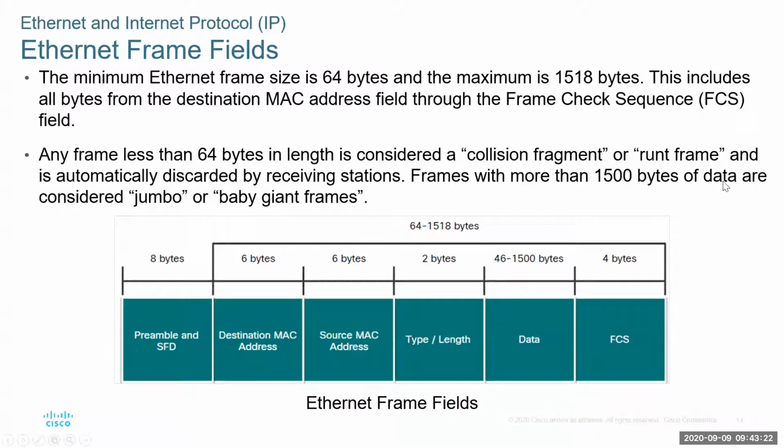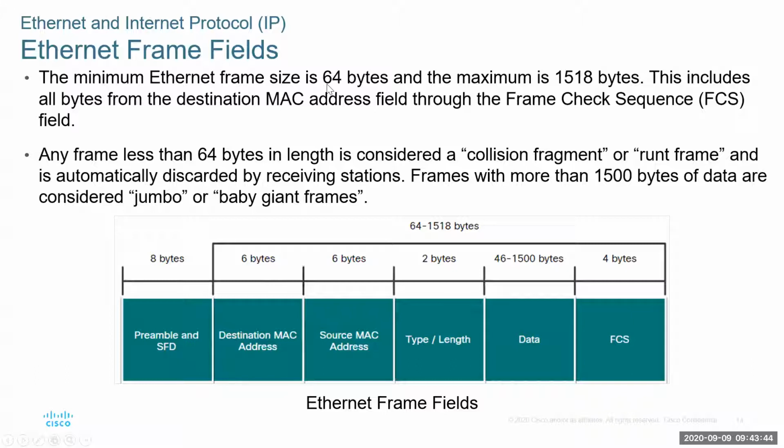Frames with more than 1,500 bytes are considered jumbo frames or baby giant frames. Typically jumbo frames is the terminology that's used. This is what I was talking about in the last section, where you can adjust those sizes and transfer more data. But you have to make sure everything on the network speaks that. If not everything on the network speaks that, then those packets are going to get lost.